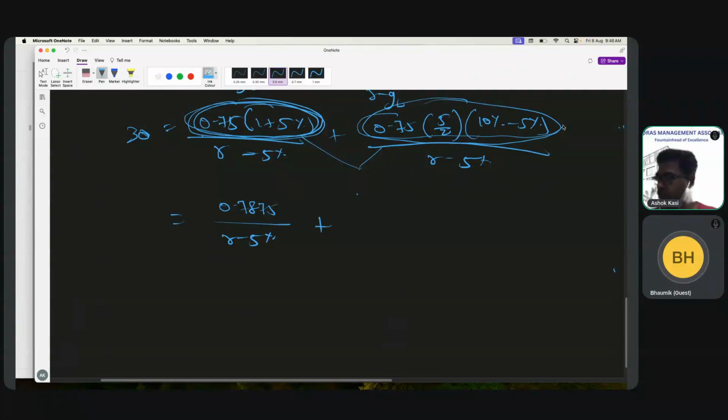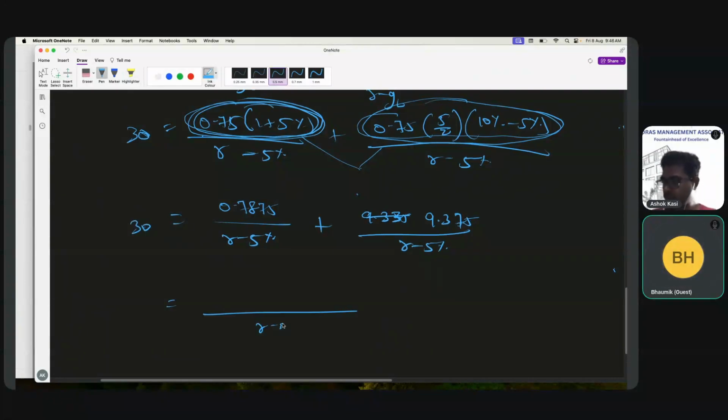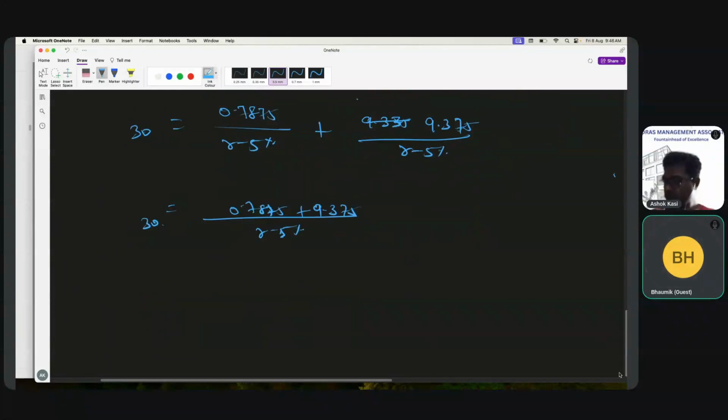Here, this part, how much have you got? 9.375. Okay. Then adding both of them, I got 10.1625. Yeah.